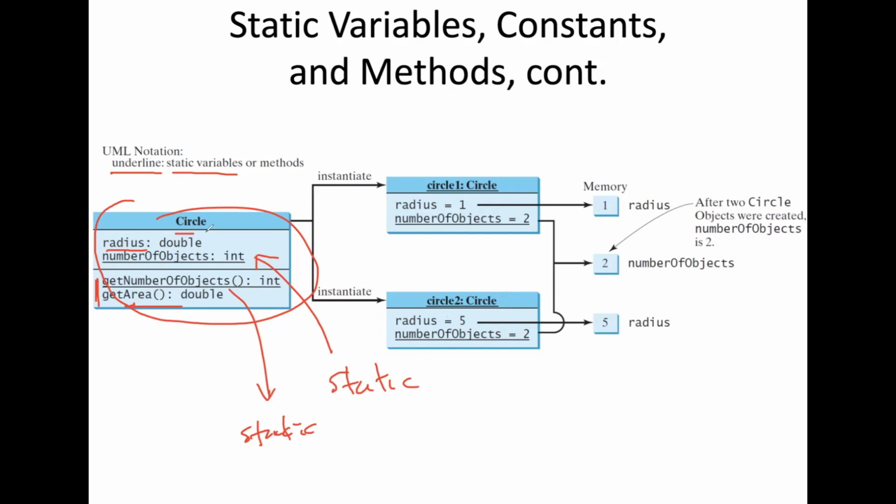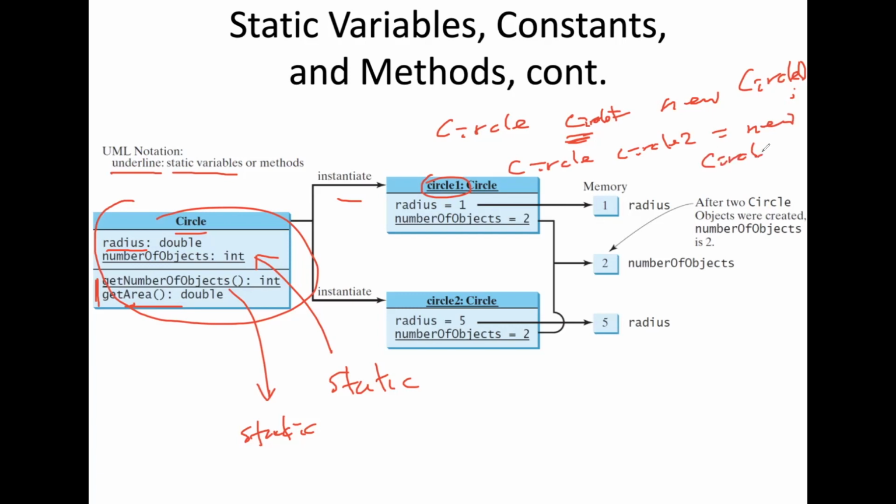When we instantiate the circle, meaning we can do Circle c equals new Circle, assuming we're using a default constructor, this creates an instance of a circle called c. For brevity, let's say this is circle1, and we'll have the same thing for circle2 equals new Circle. Again, we're using the default constructor.